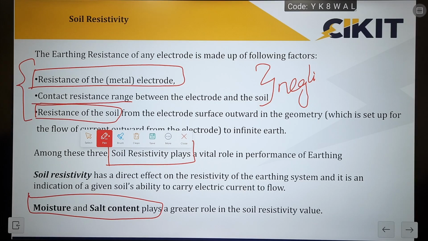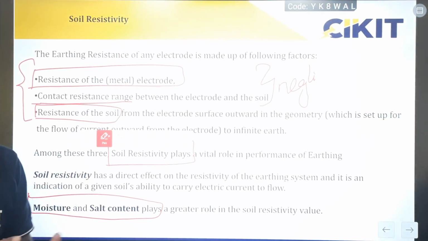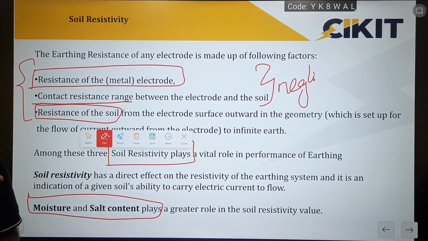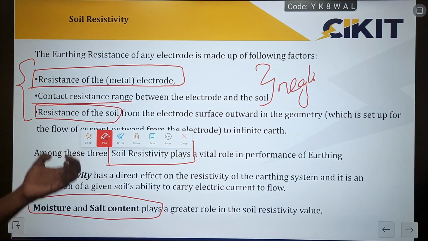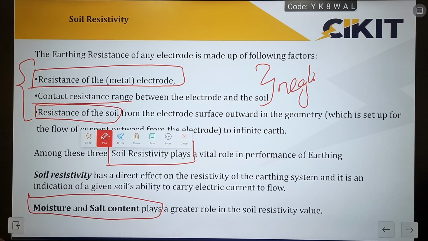So if we are measuring the earth electrode resistance or performing the soil resistivity measurement, then we should do this measurement only in the dry period, and we should not perform this test in wet conditions or rainy seasons, because the resistance value will be reducing from the normal value because of the moisture content.